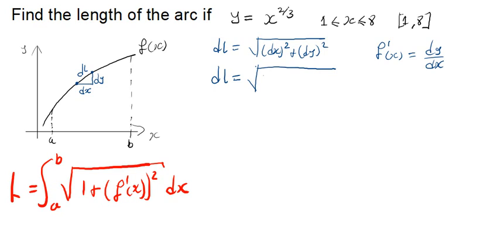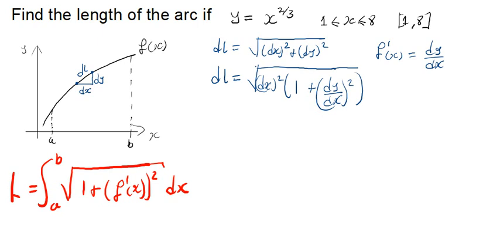I don't change the meaning, I just perform some manipulation. So this is plus dy, and I'll divide by dx, then square it, so that I don't change the meaning.